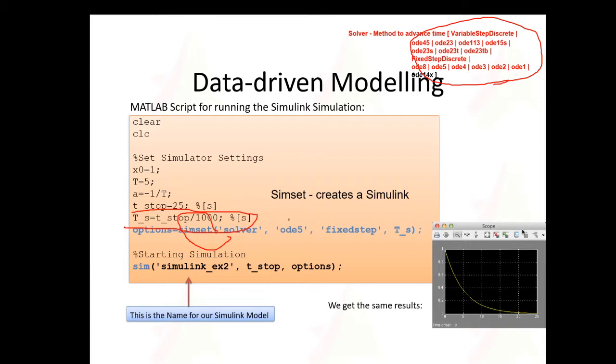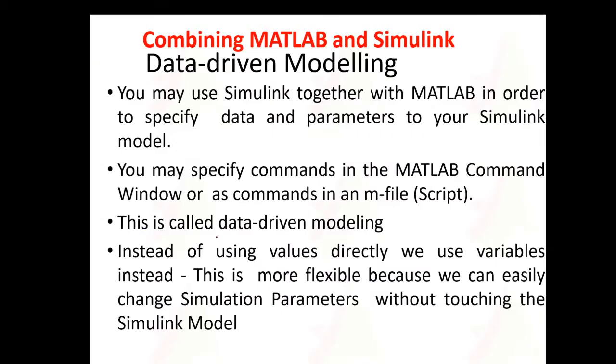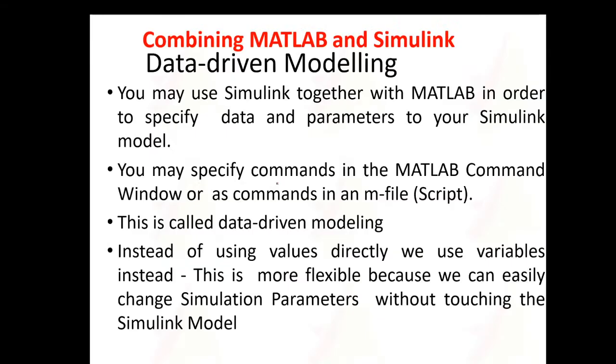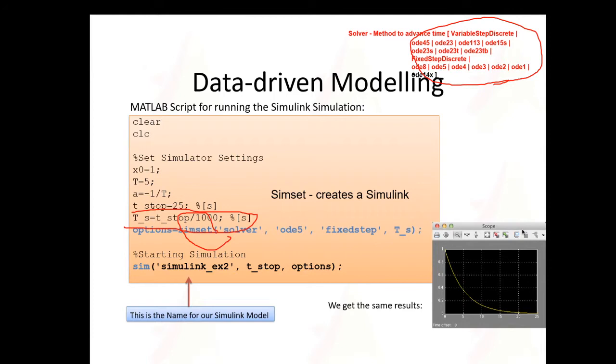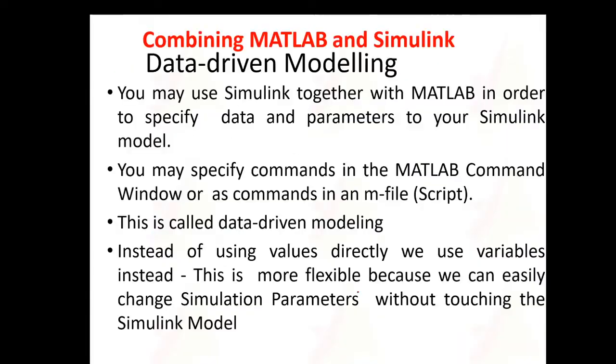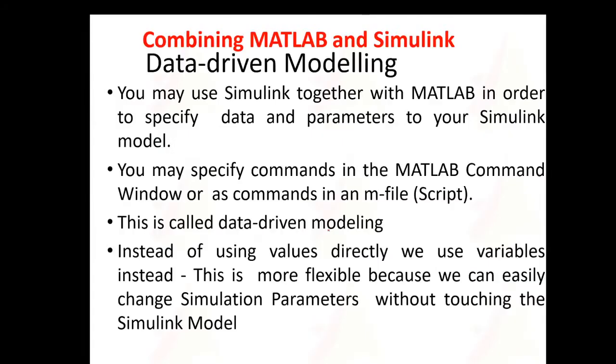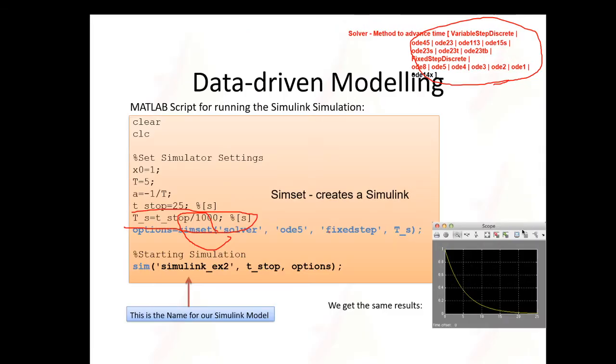What is the name of your created Simulink? It is Simulink underscore exe2. This is the name I have given here. T stop is this one, options are this one. So now this is the output of this one. Here you can see I didn't give any plot commands, so this is the plot of the scope in the Simulink.